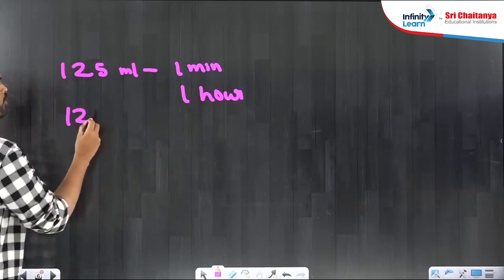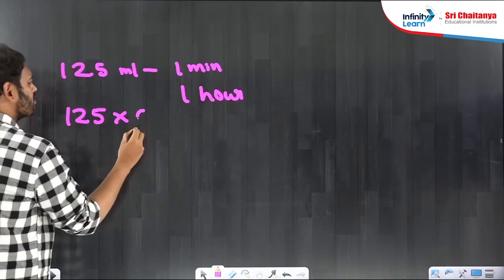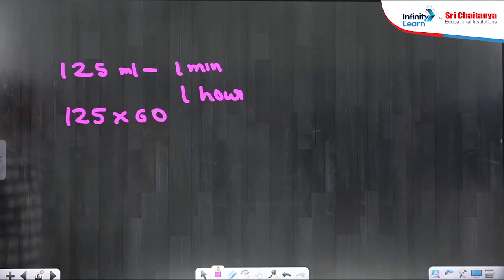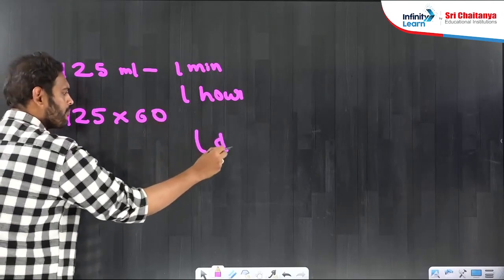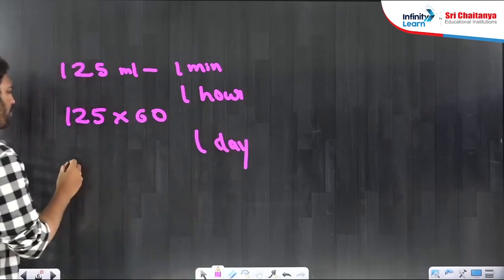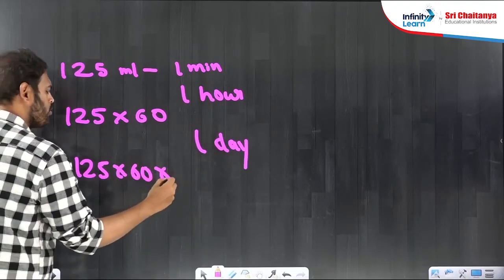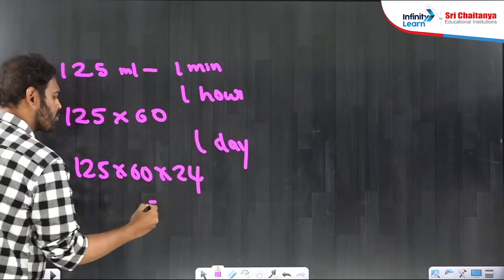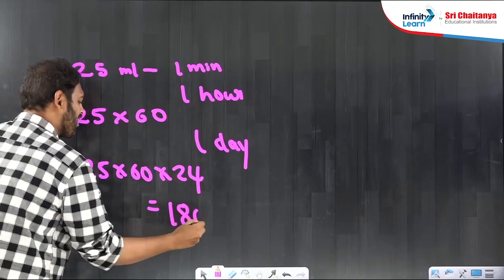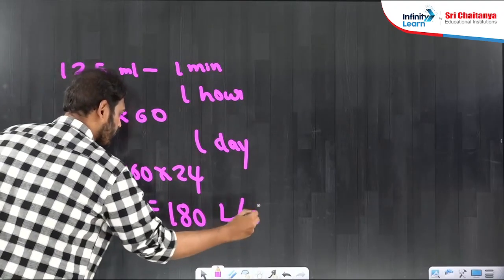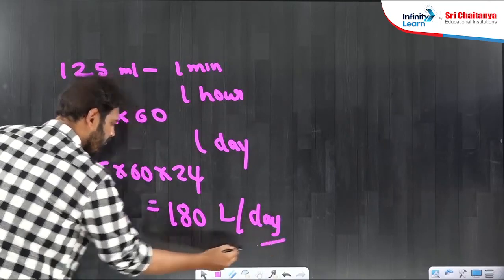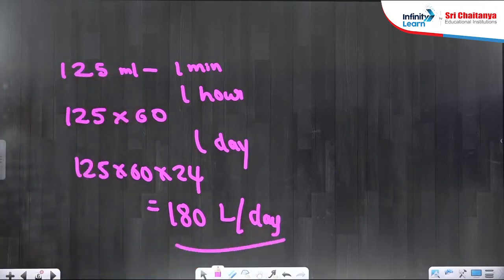So obviously 125 into 60. In 1 day, how much will it be? 125 into 60 into 24. It is almost 180 liters per day, isn't it?